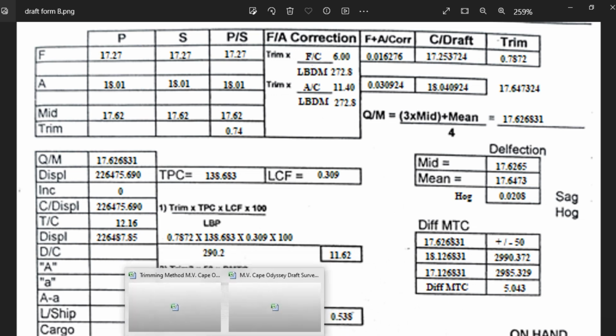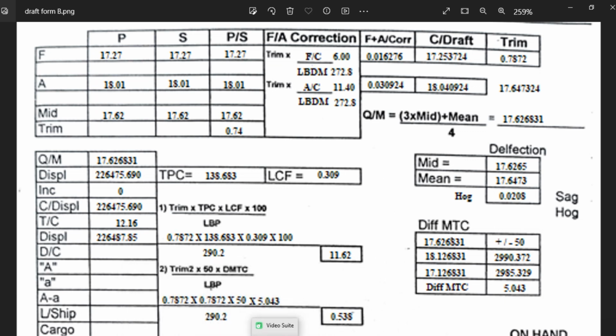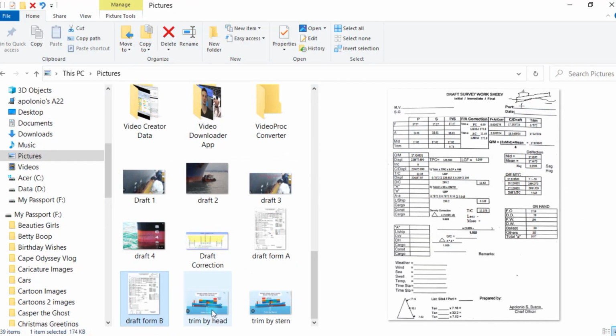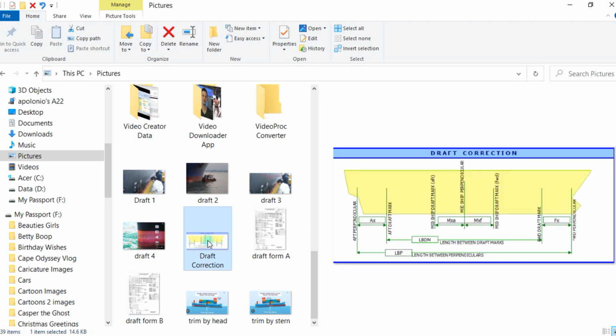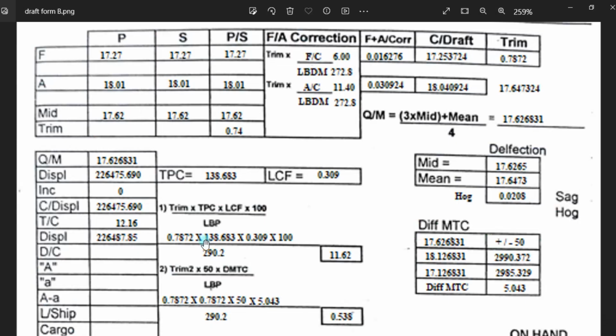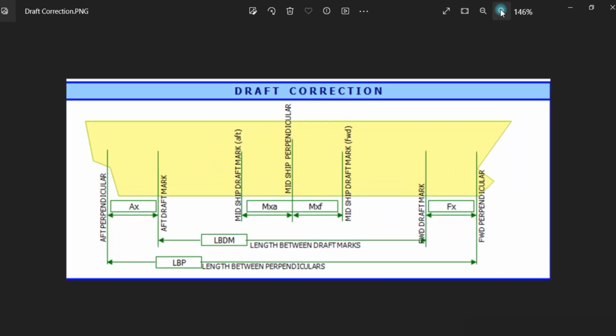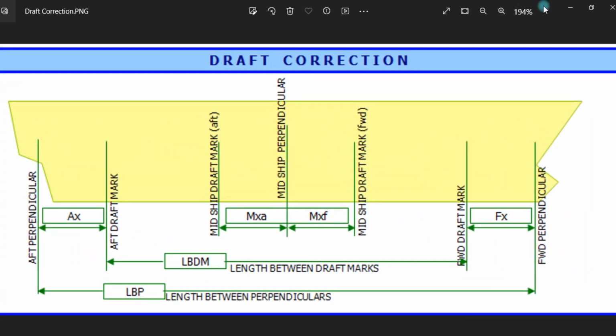LBP. Okay, remember the LBP in our last video. Okay, we take the LBP here. So LBP is this one, from the aft perpendicular down to the forward perpendicular.